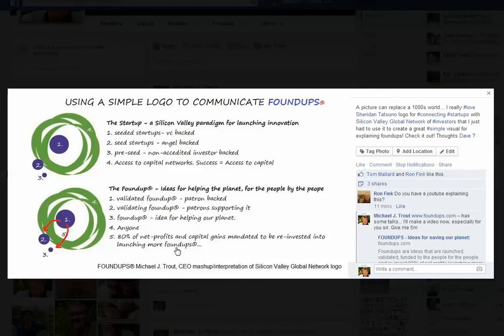The way the FoundUp works is anyone who is a stakeholder basically gets, based on their share, access to that amount of capital, and they decide where that capital goes. So if we have 100 shares of a business and you own 1 share, 1% of the net profits will be redirected to you.